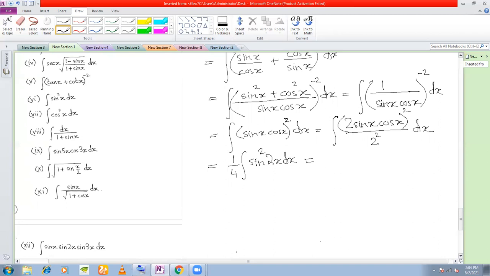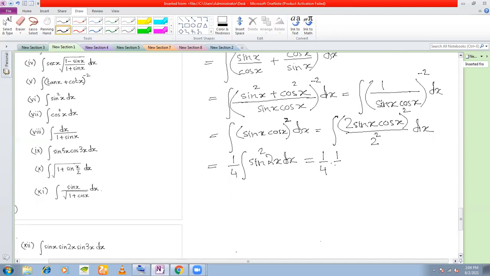Right? Now, again, sin square 2x, whenever you get a square of this kind of a trigonometric function, remember this very important method, that whenever you have to integrate the square of sine or cos, what you do is you write it as 2 sine squared.